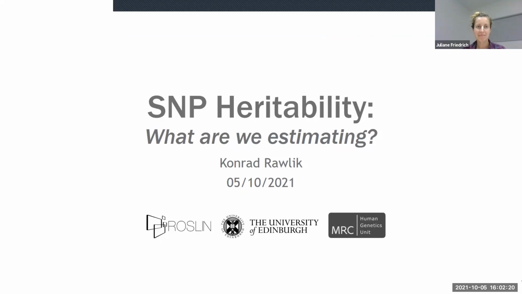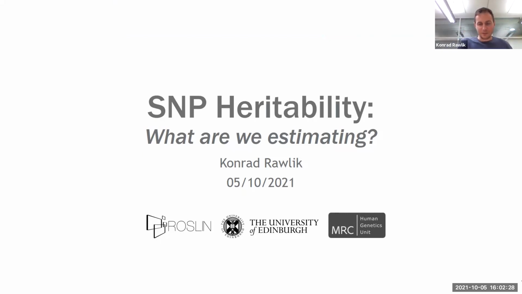Yes, I guess. So yes, Julian said I'm going to be talking about SNP heritability, and in particular, what are we actually estimating when we estimate SNP heritability using REML approaches.